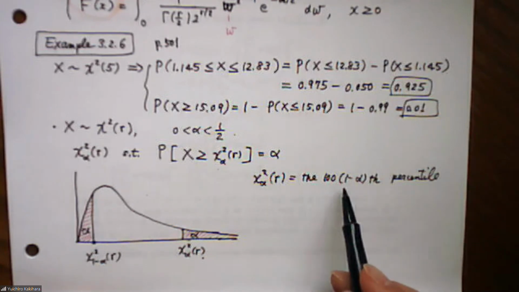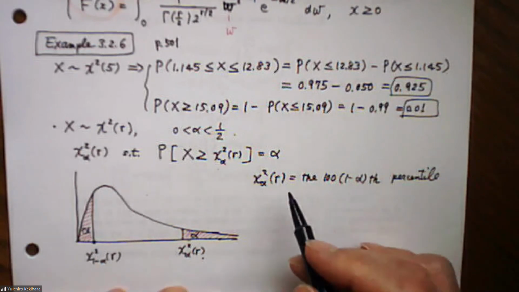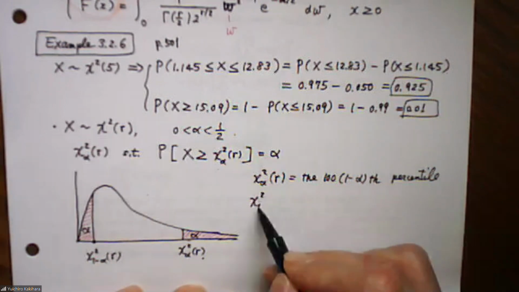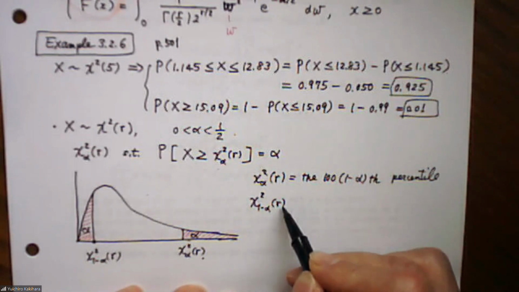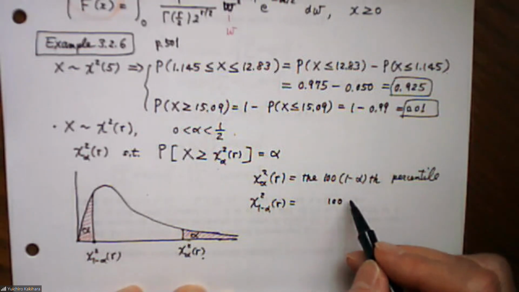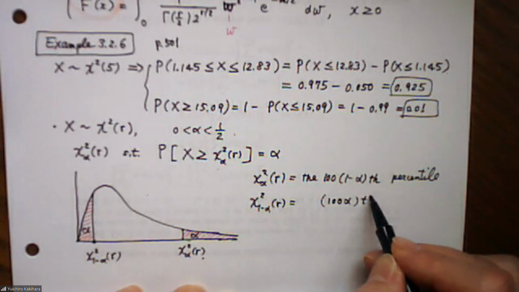In the same way, chi-squared sub 1 minus alpha of r is the 100 times alpha percentile.